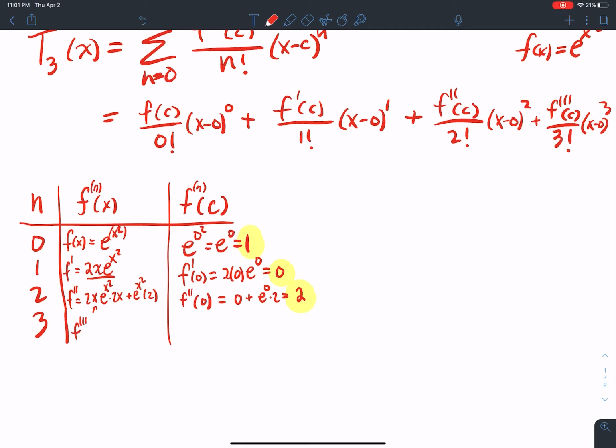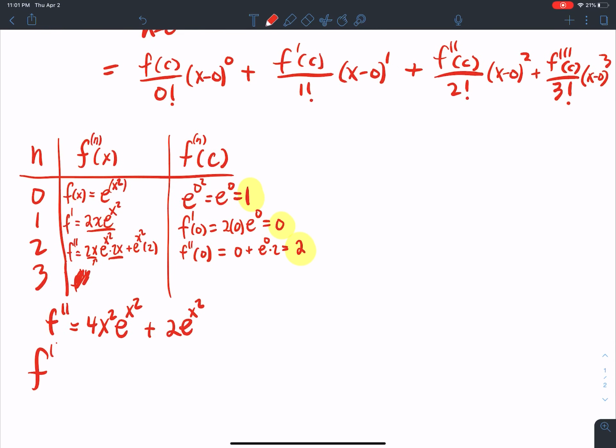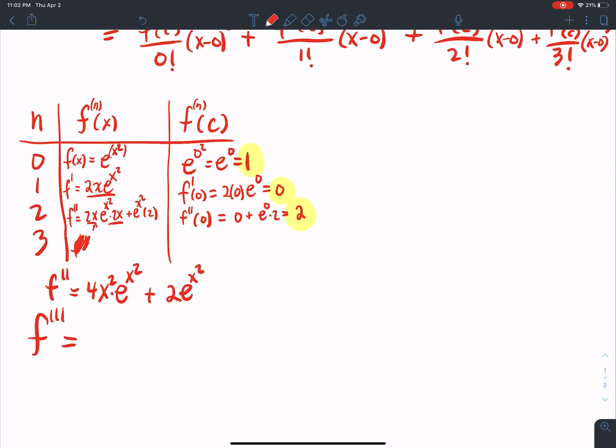This last one, triple prime, oh my goodness, this is just getting so complicated, right? Okay, so before I take this derivative, let's see if I can simplify it, make life a little better. So f double prime is, well, 2x and 2x makes 4x squared e to the x squared plus 2e to the x squared, okay? So triple prime, what's that going to be? Let's do the first times the derivative of the second, e to the x squared times 2x, plus the second, e to the x squared times the derivative of the first.